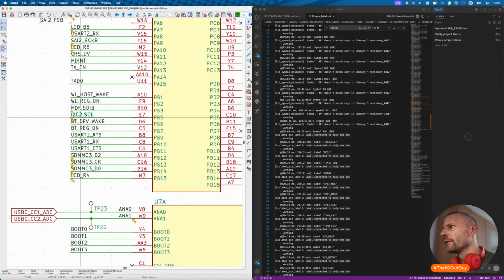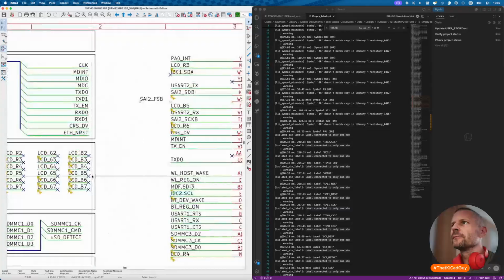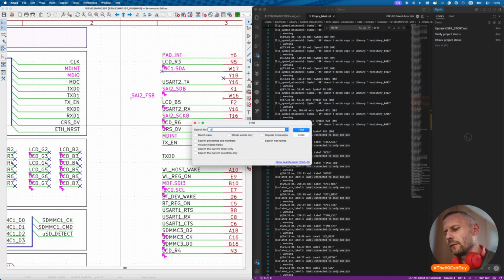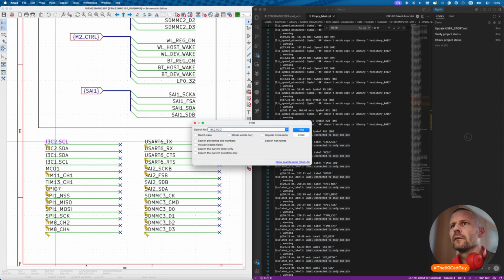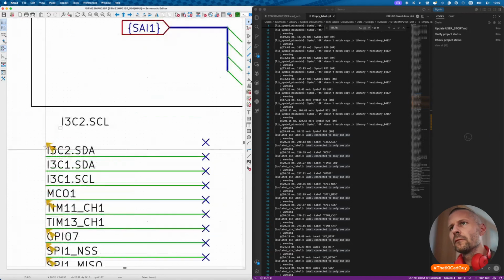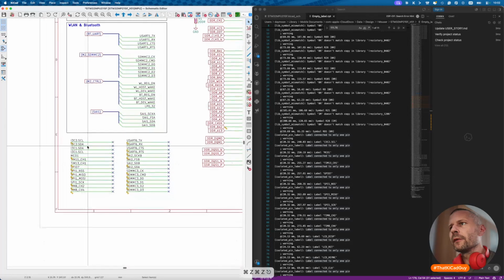Here. No, I3C2. I3C2. No. It's only this. So this is why.